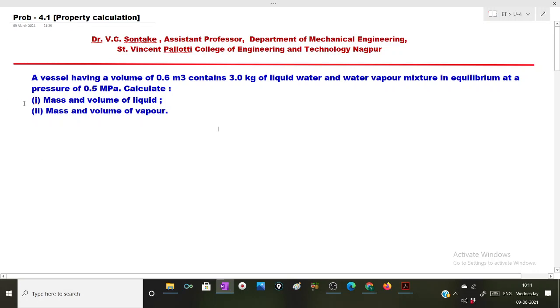A vessel having a volume of 0.6 meter cube contains 3 kilogram of liquid water and water vapor mixture in equilibrium at a pressure of 0.5 megapascal. Calculate number 1, mass and volume of liquid, and number 2, mass and volume of vapor.